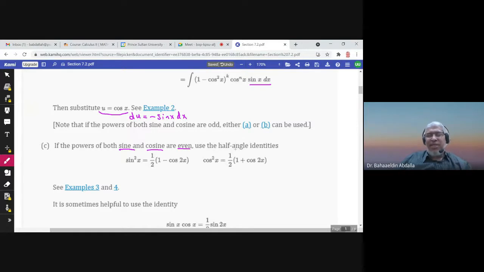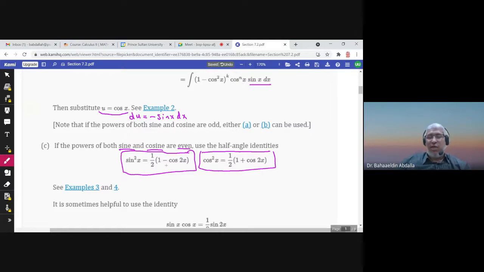And the new strategy is to use these formulas. To write sine square as 1 minus cosine 2x over 2 and cosine square as 1 plus cosine 2x over 2.